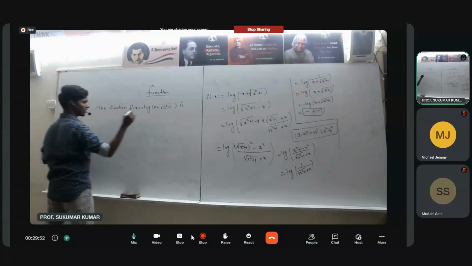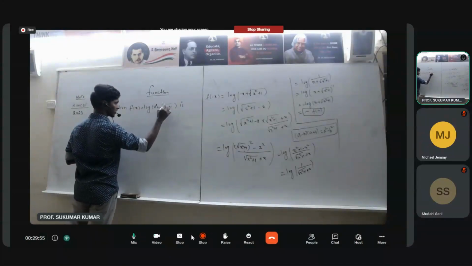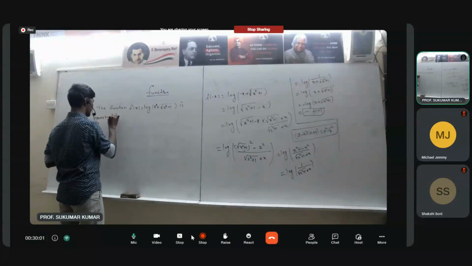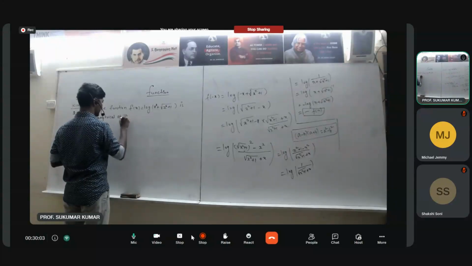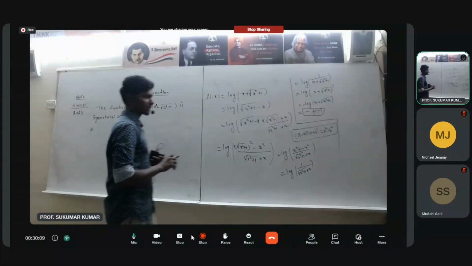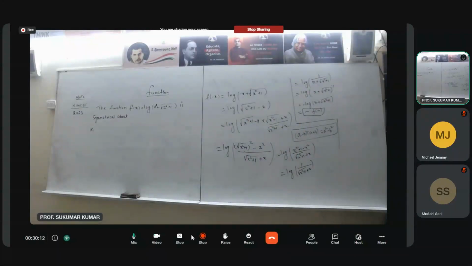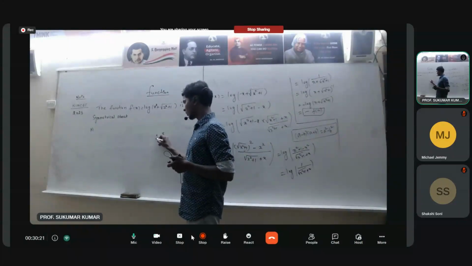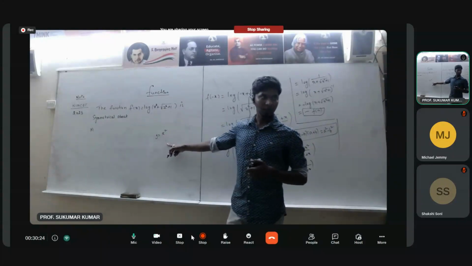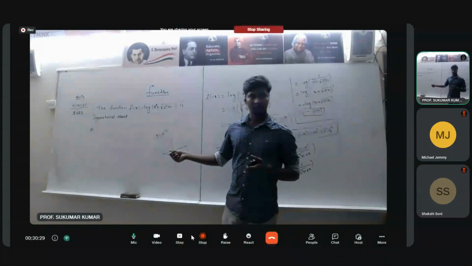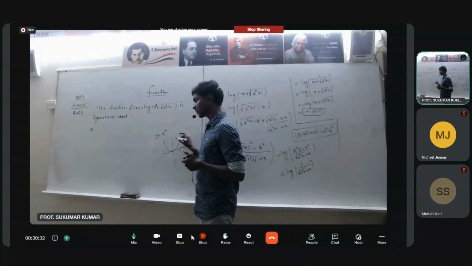x cube, and this will be symmetrical about... See, symmetrical in the sense, we have seen y is equal to x square function, the parabola.